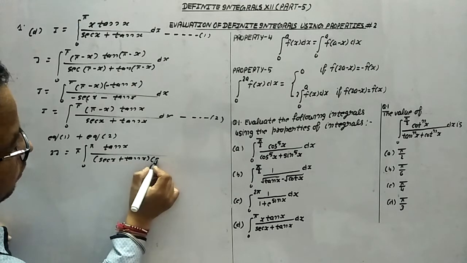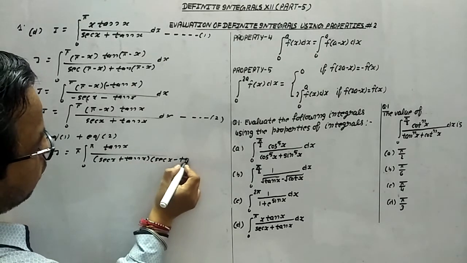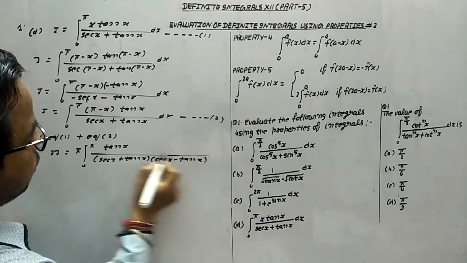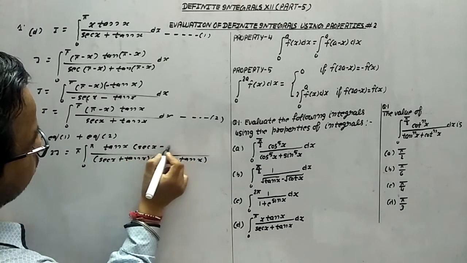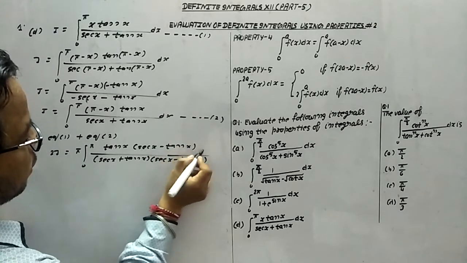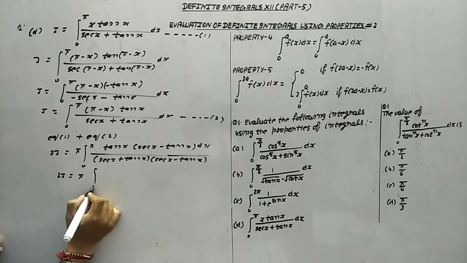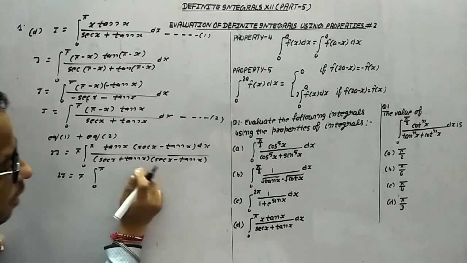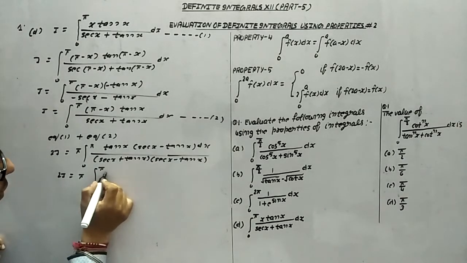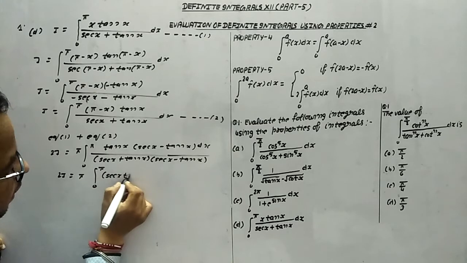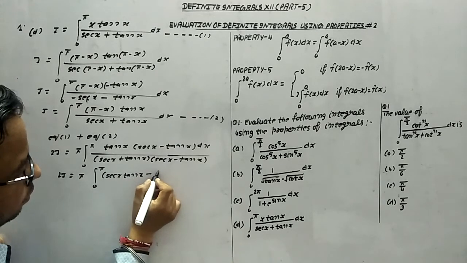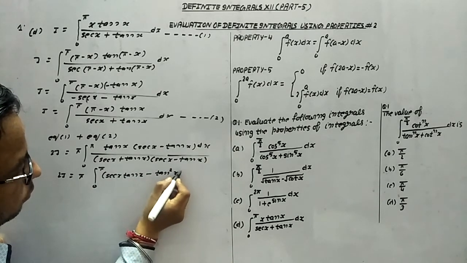Now we will do the rationalization: multiply by sec x minus tan x upon sec x minus tan x, dx. Now 2I is equal to π times the integration from 0 to π of the numerator, where sec square x minus tan square x is 1, so this is sec x tan x minus tan square x dx.